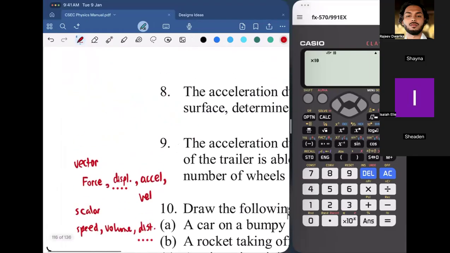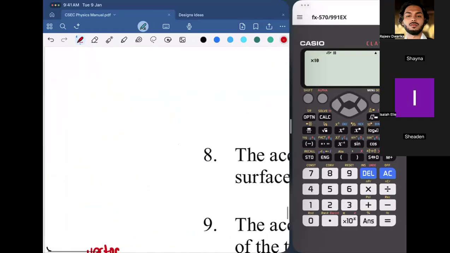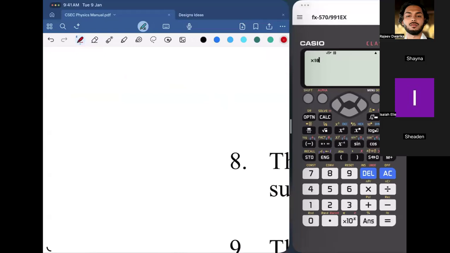So you all know how to do rounding off, standard form, conversions. What else can I pick you up on? What does terminal velocity mean? If somebody says they're at terminal velocity, what does that mean about the acceleration?